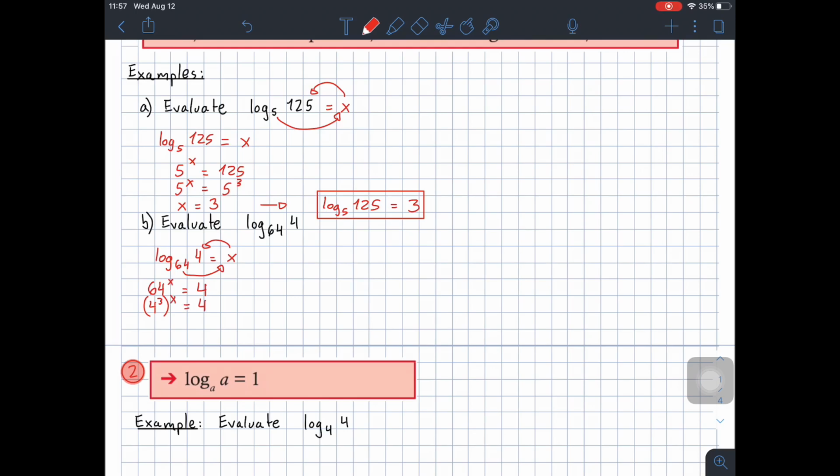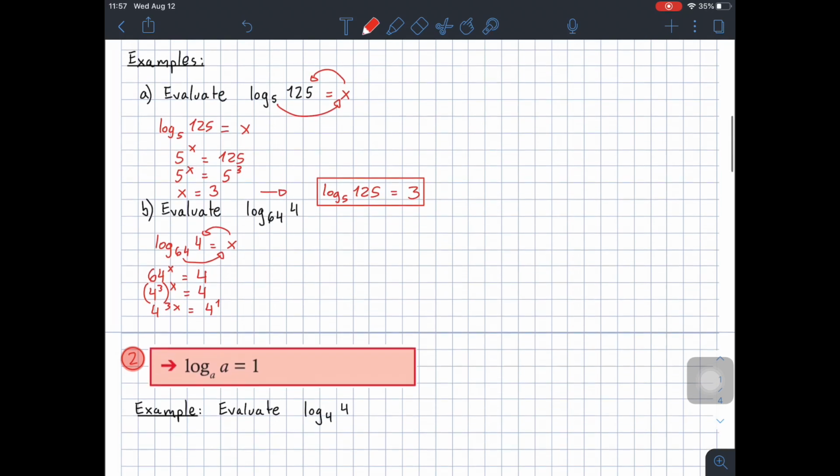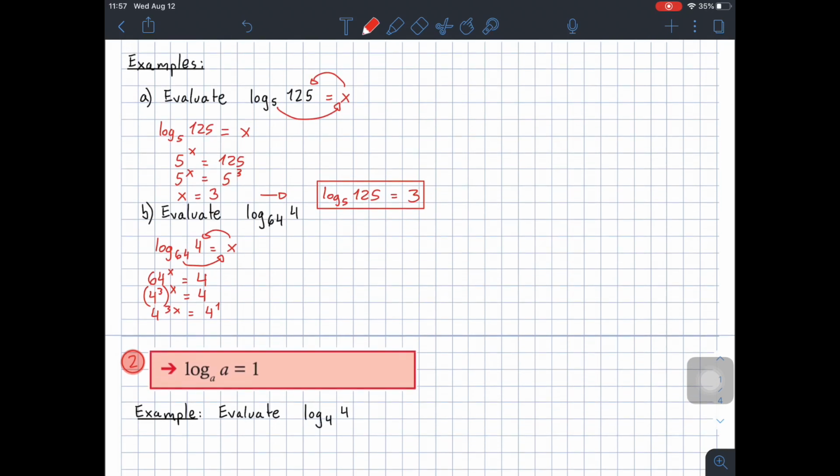So 4 cubed, and this being to the power of x again, should be equal to 4. If you remember the properties of exponents, I can multiply the exponents here, and we're getting 4 to the power of 3x, and this should be equal to 4 to the power of 1, right? So now that I have the same bases, I can equate the exponents. So 3x is equal to 1.